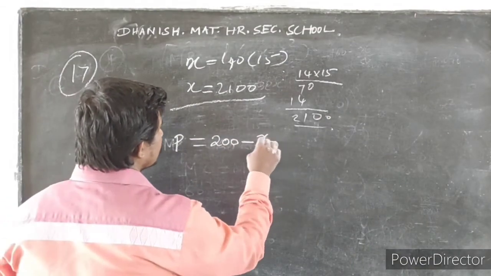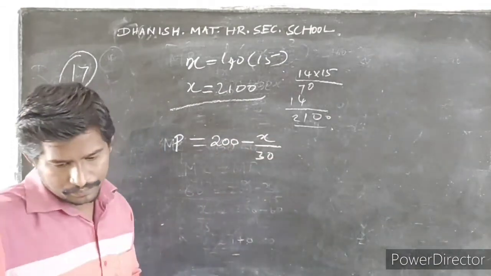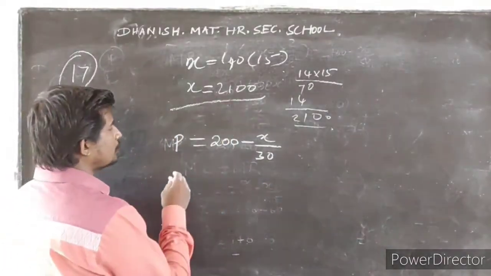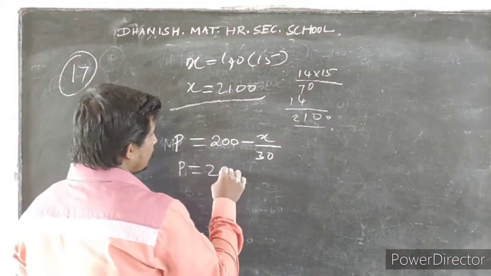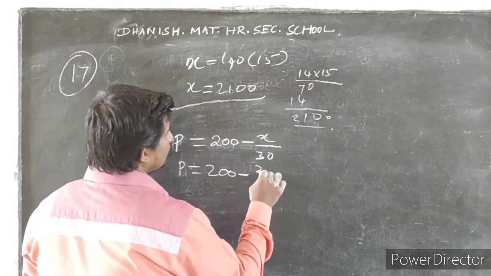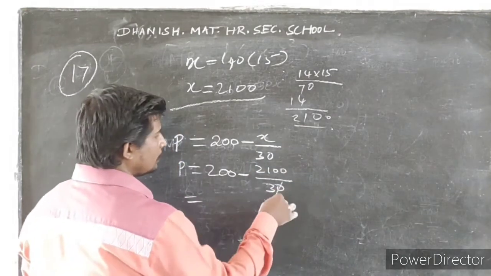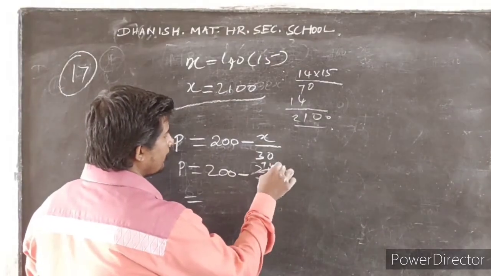Now p equal to 200 minus x by 30. Now we are going to substitute x as 2100. So p equal to 200 minus 2100 divided by 30. So this is equal to 200 minus 70.